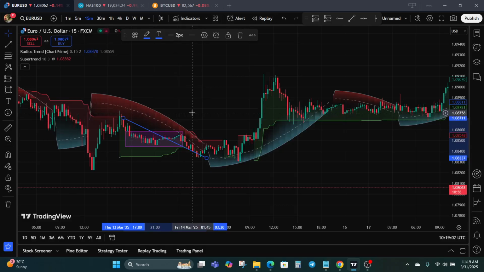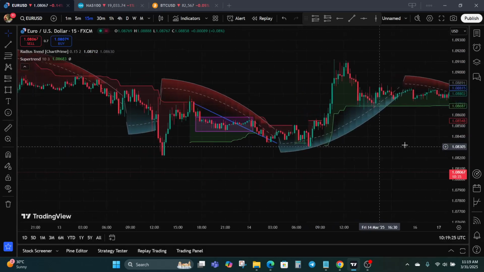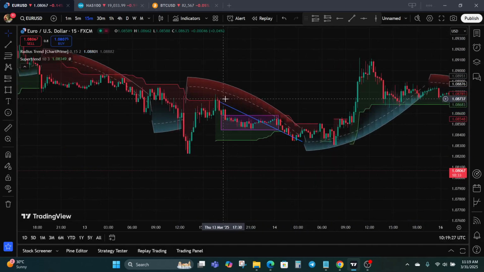Now, if you are using the radius trend indicator, it's pretty simple. Basically when the price is above this light blue shaded area, it's a buy signal, so it means that the market is in an uptrend, and when the price is below this red shaded area, it's a sell signal, meaning that the market is trending downward.